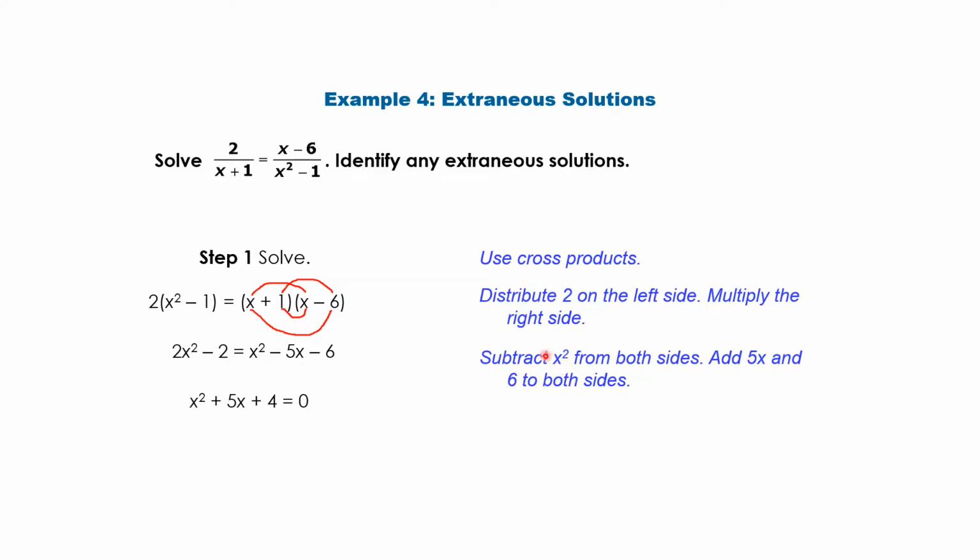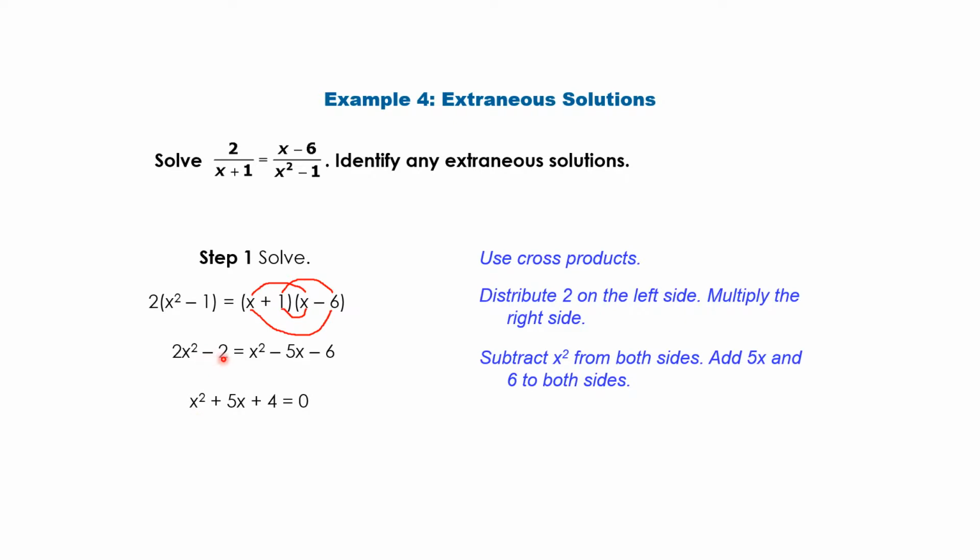So, x squared minus x squared, that's 0. And then, negative 5x plus 5x, the answer is 0. Then negative 6 plus 6 equals 0. 2x squared minus x squared, the answer is x squared.